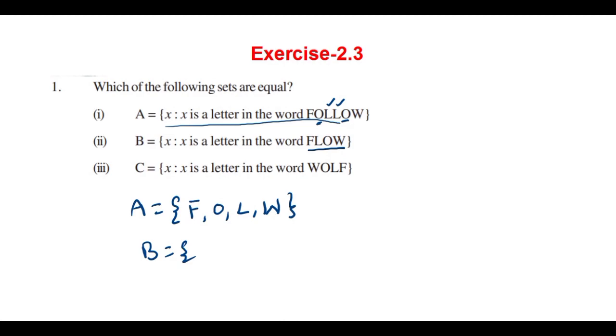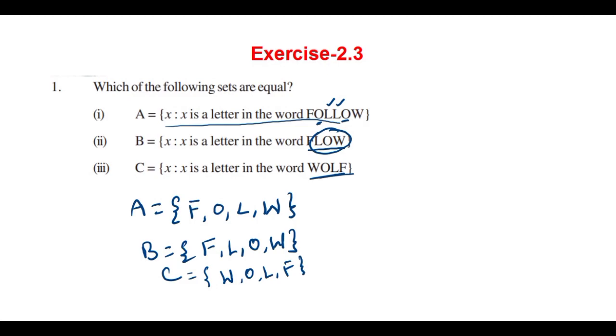Next, another one. Here also we have F, L, O, W. And in set C we again have four letters, W, O, L, F. Observe that there are four elements here, here also four elements, and the same elements.